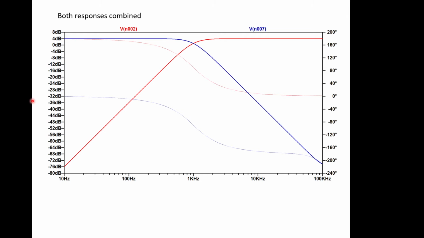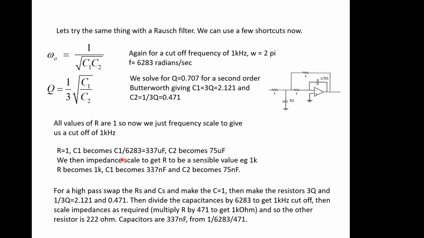Okay. So again, just a little bit of knowledge of what the equations mean, and some knowledge of the circuitry and what you're trying to achieve allows you to get to these designs and be quite imaginative about it. So try the same with the Rauch filter.